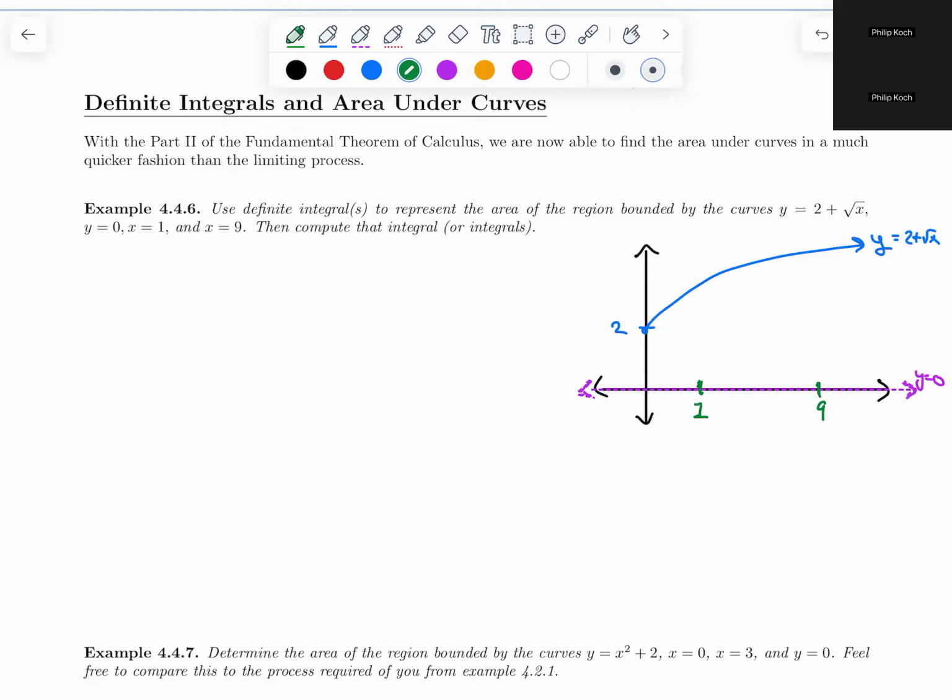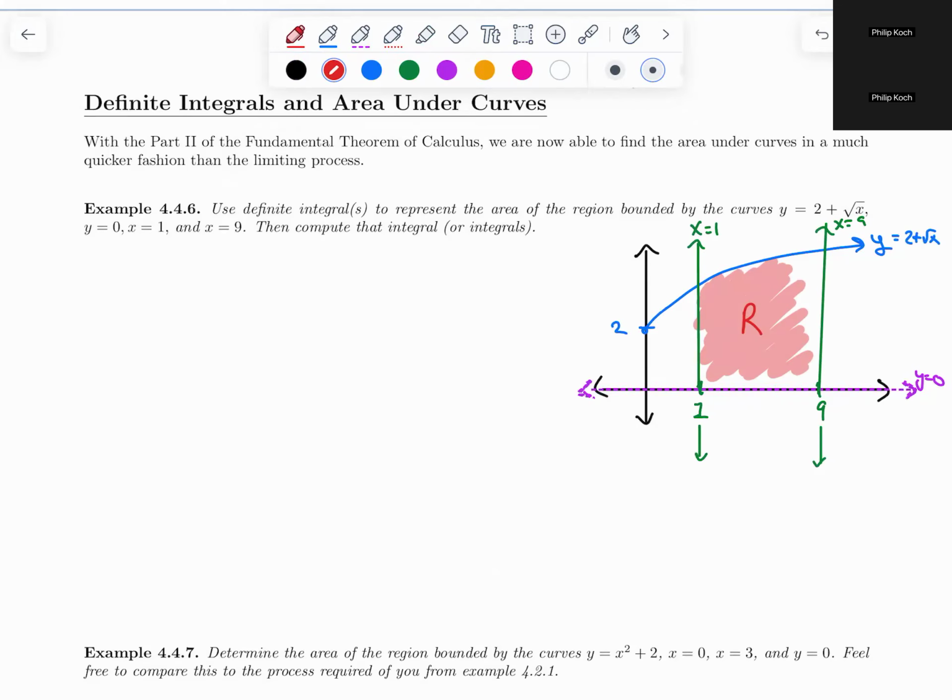Here is 9. This is x equals 1. And then we'll do the same thing for 9. X equals 9. So we're talking about this region in particular, this region, which I'm going to call capital R.